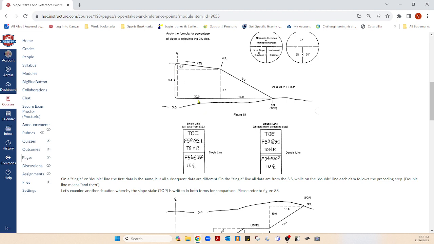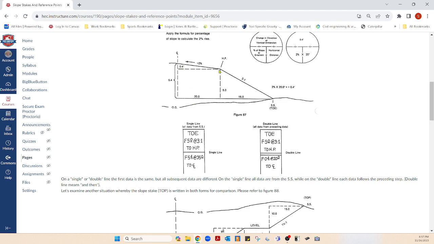So let's see why it's 20 feet. If I'm here and I'm going to fill 4/10 of a foot, and that's a 2%, it's going up. So 0.02, go back to your percent, 0.02 times 4/10. What in the world is that? In other words, where did this 20 feet come from?